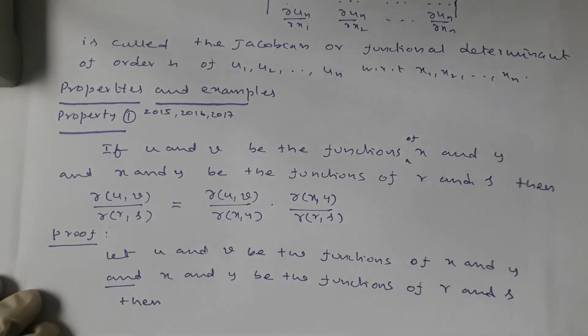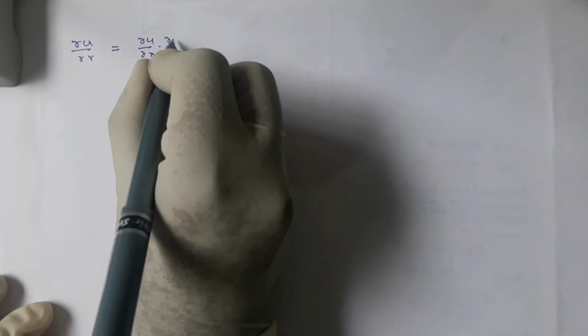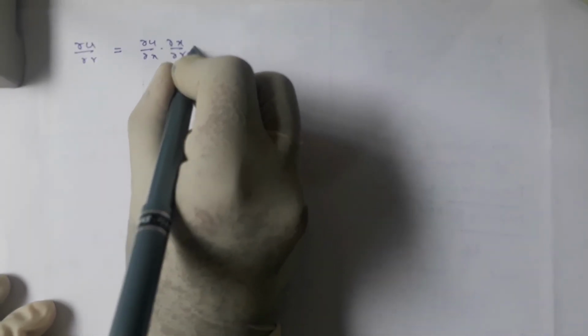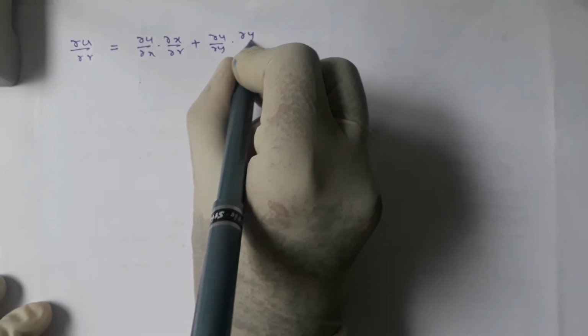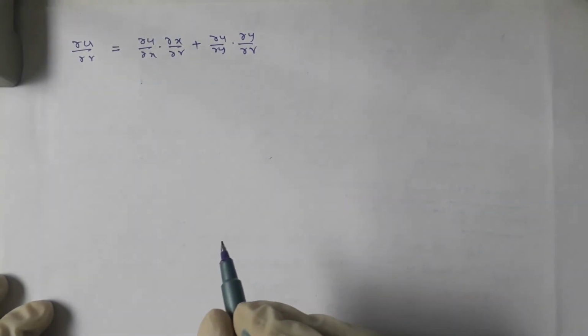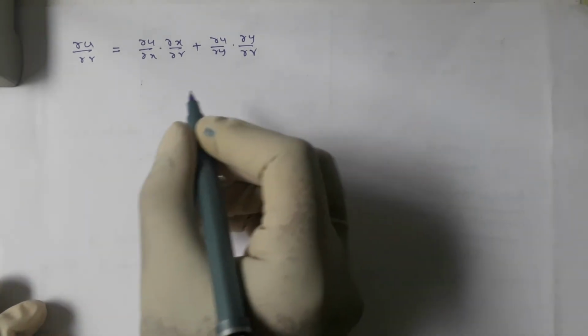Then let us differentiate the u function with respect to r. ∂u/∂r is equal to ∂u/∂x into ∂x/∂r plus ∂u/∂y into ∂y/∂r. So the u function can be differentiated with respect to x and with respect to y partially.